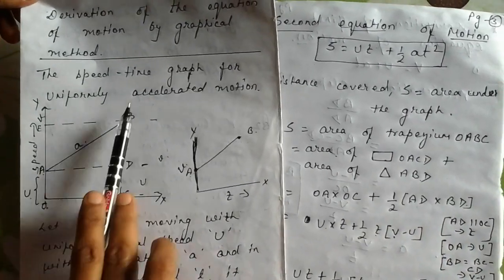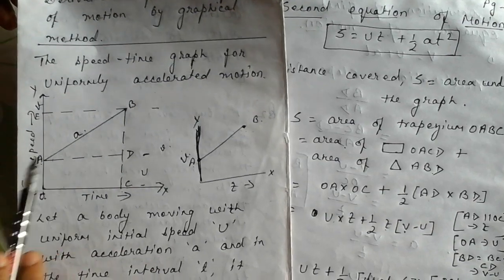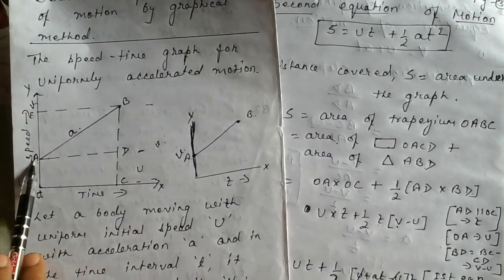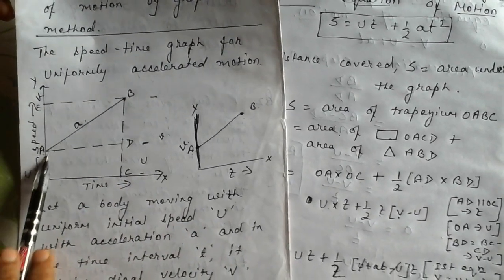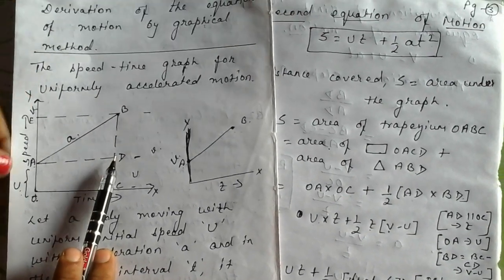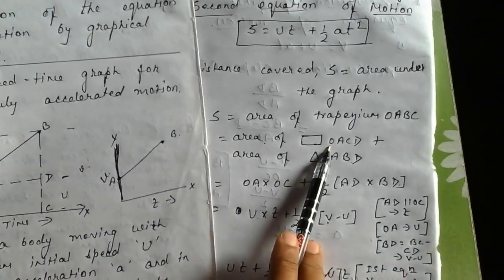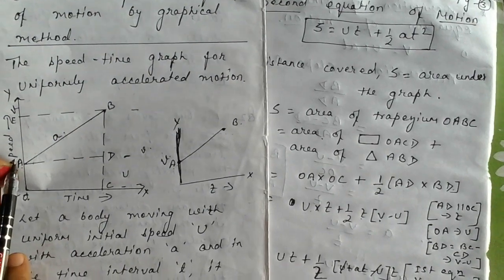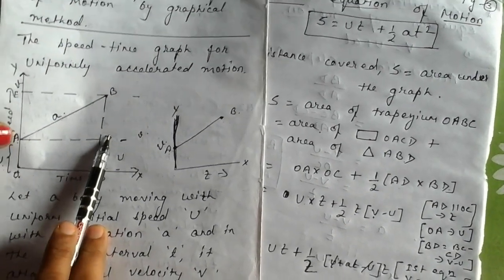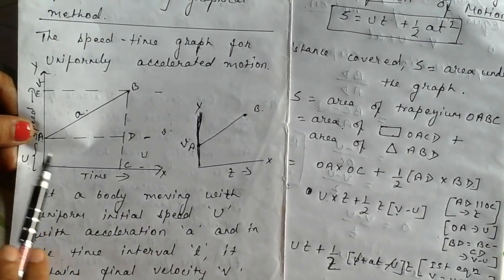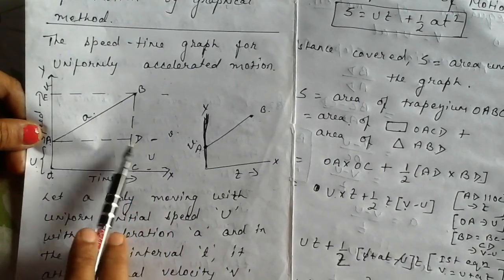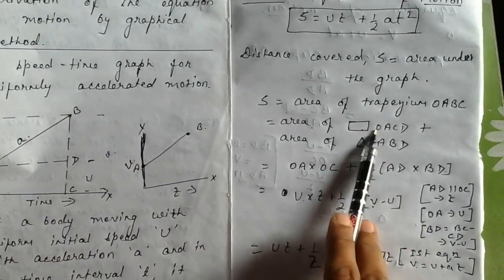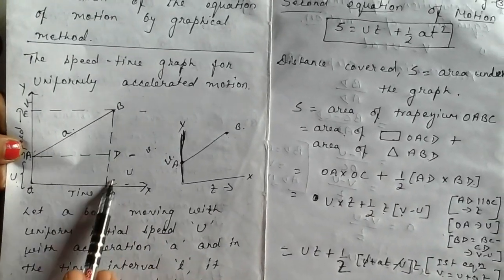Within OABC, we get two shapes: one is a triangle and the other is a rectangle. So let us discuss the area of rectangle OACD and the area of triangle ABD. The sum total is the total distance covered.